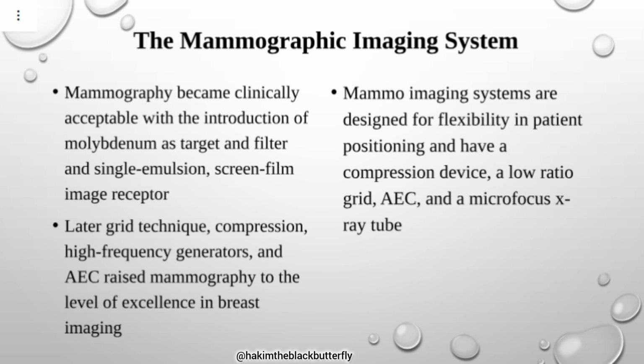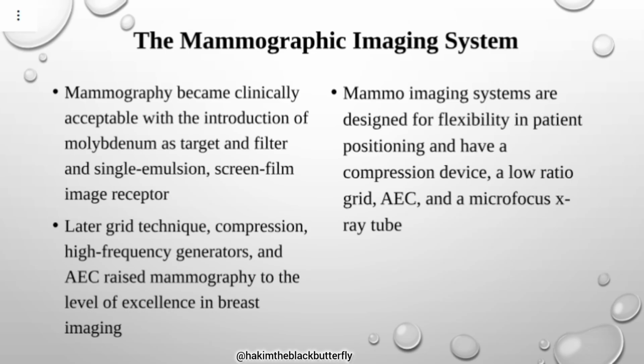And we have what we call automatic exposure control. This automatic exposure control is there to terminate an exposure the moment the appropriate image quality has been achieved. Any equipment that has automatic exposure control limits you on the technique factors you choose.